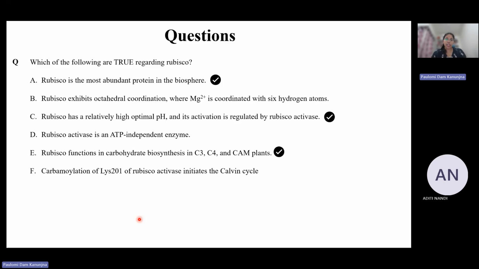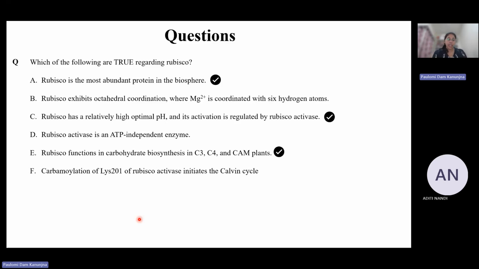Next is Rubisco activase is an ATP independent enzyme. That's incorrect. Rubisco activase is an ATP dependent enzyme, right? It uses the ATP to remove the inhibitors from Rubisco's active site. When you read into the regulation, you will find it out.